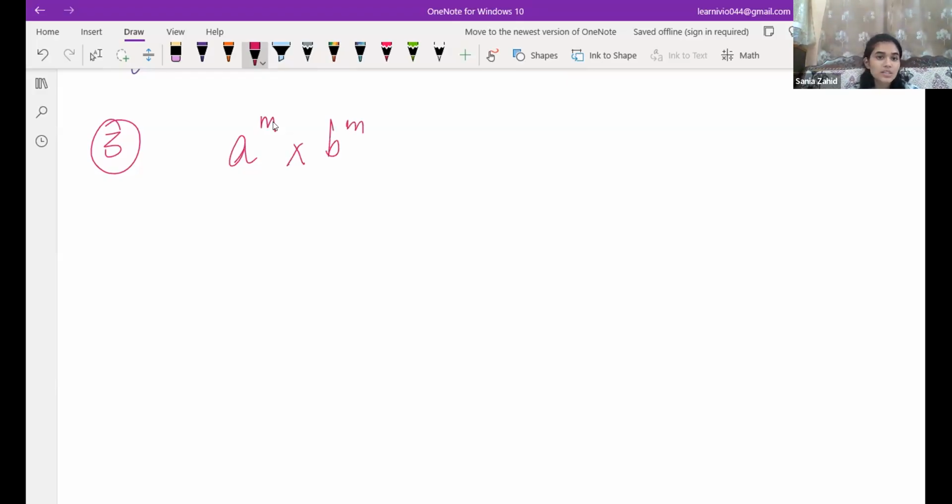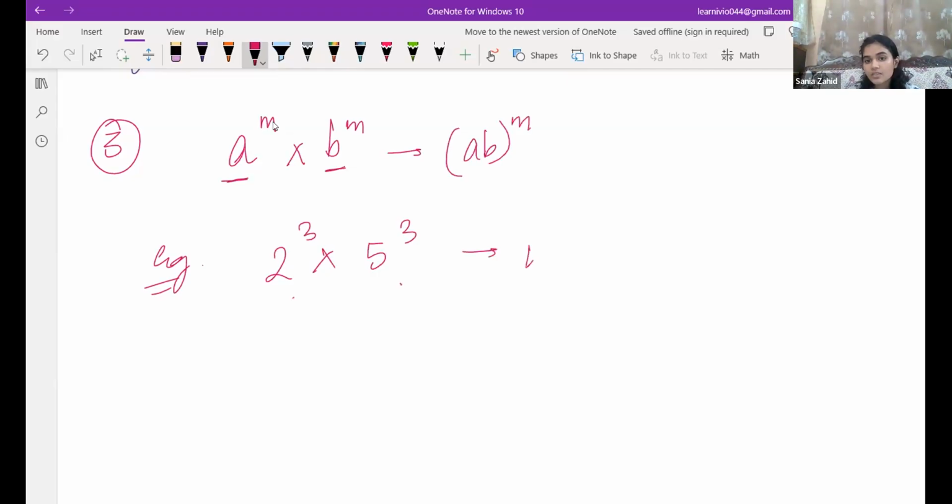That means different bases. For example, 2 to the power 3 multiplied with 5 to the power 3. So now what you will do, you will multiply these bases and write the same power. So this will become 2 into 5 is 10 and the power remains 3. So answer is 10 to the power 3. Okay. This is your third law.